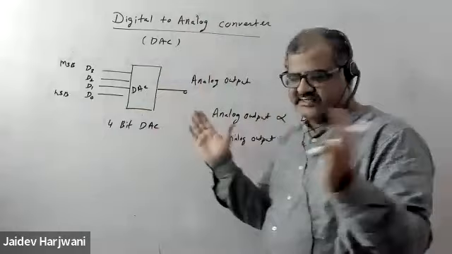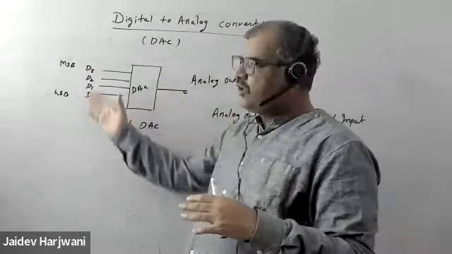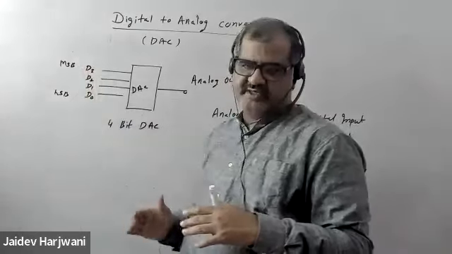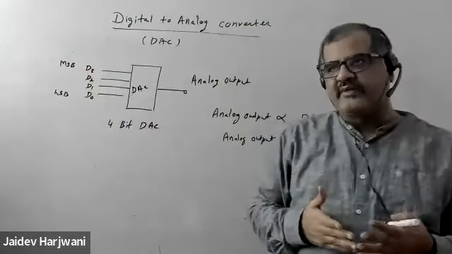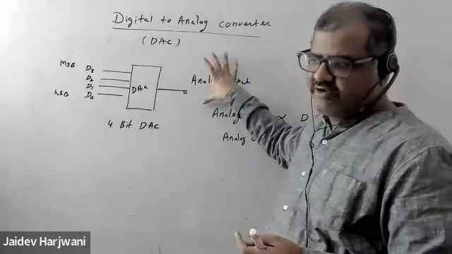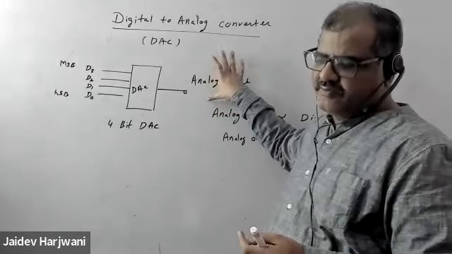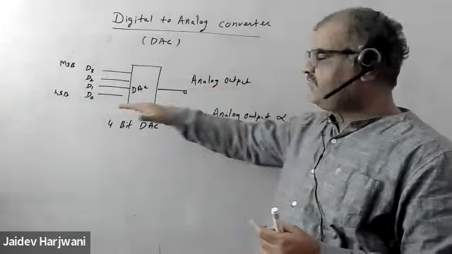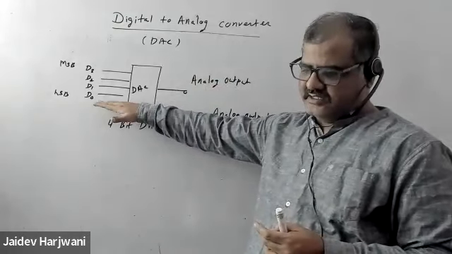With 4 bits, you have combinations from 0 to 15. Then we have to see the maximum range of V output. Suppose the maximum range of V output is 15 volts, and here we have a total of 16 combinations.